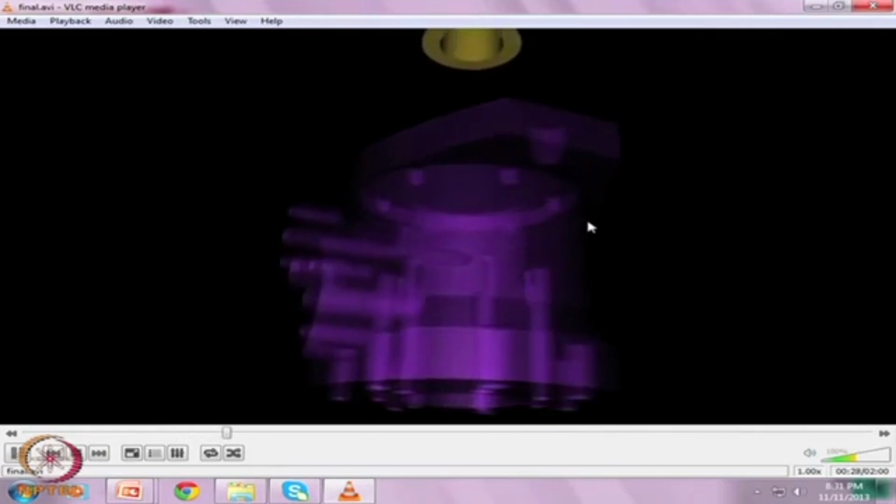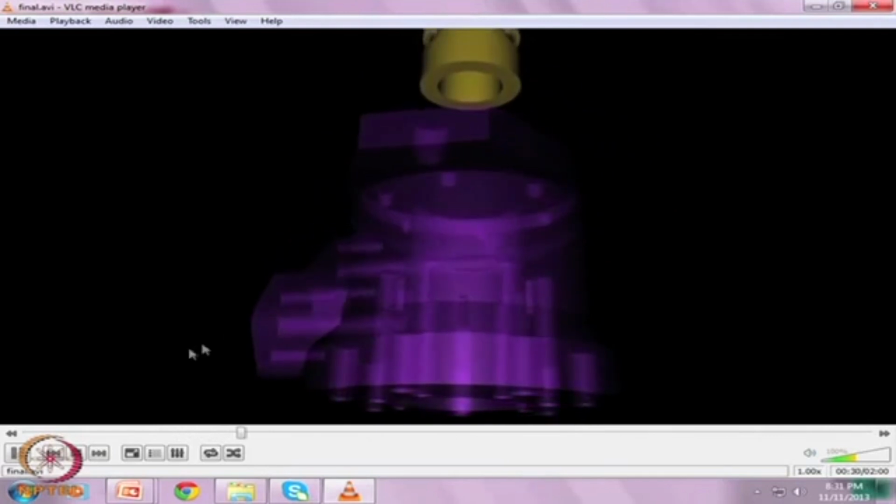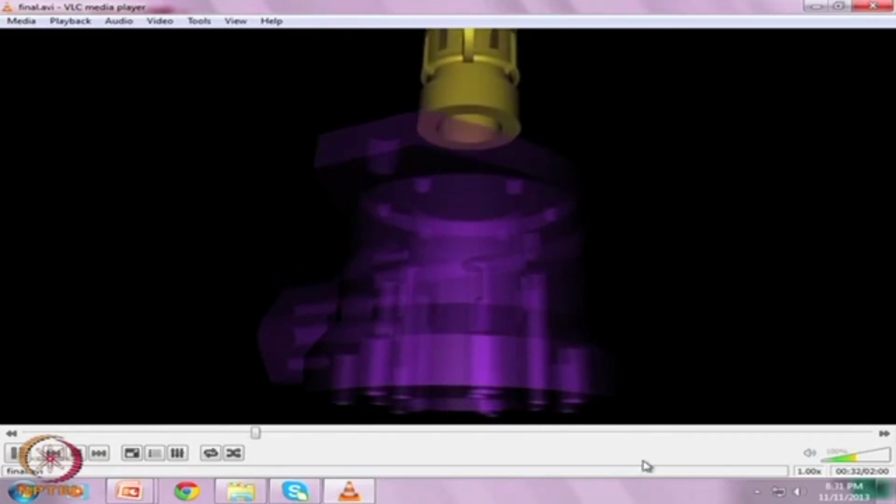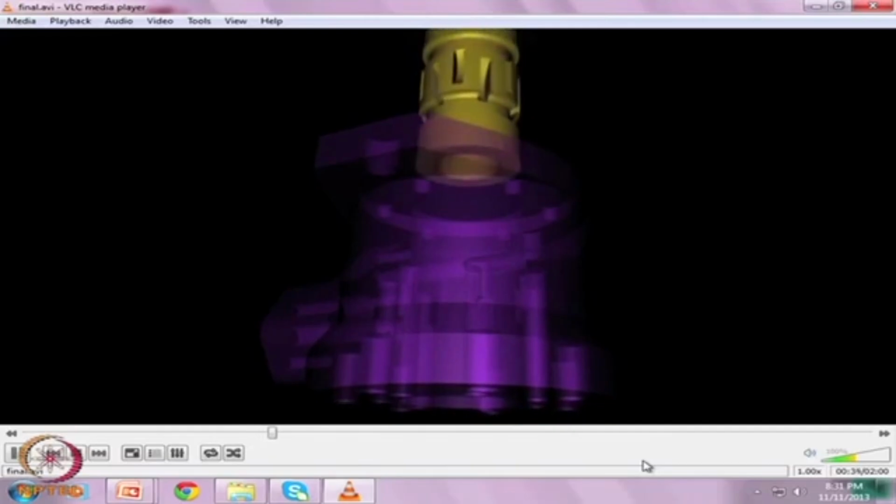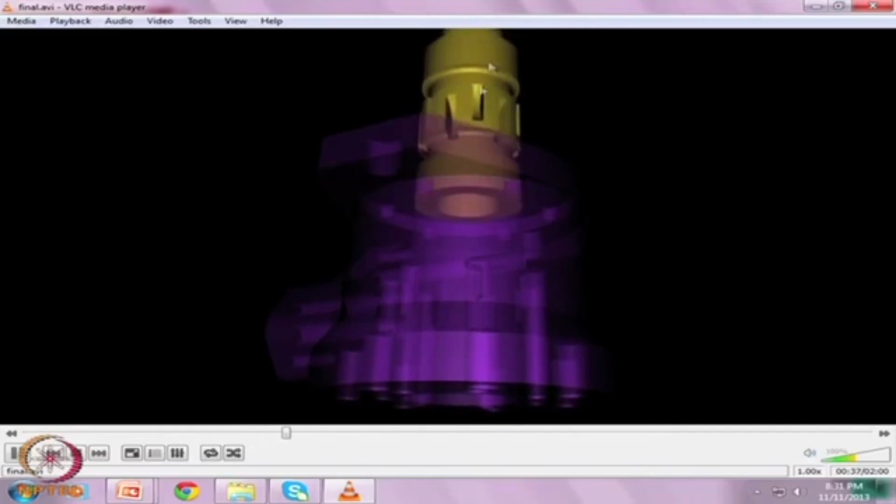This is the input and output main connections. In case we find that this body is being used as an output, we have to connect this input and output oil maybe through this shaft.